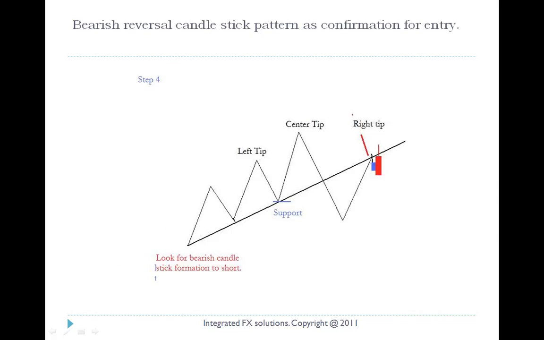Once price has retraced to the trend line, retesting it, the trend line is acting as a resistance, and if price forms a reversal candlestick pattern like a bearish engulfing or a tweezer top, that would be a good confirmation for sell entry. At that point, a good trader will be thinking of shorting, selling the rally.